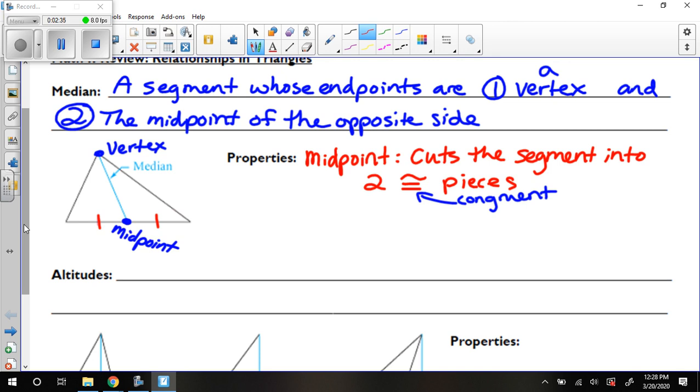One thing I want you to take note of is that a median does not form right angles. Okay, so neither one of the angles near the midpoint is a right angle.